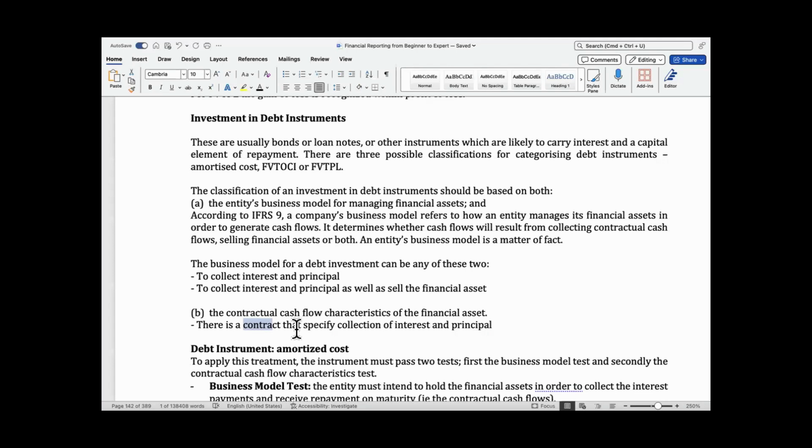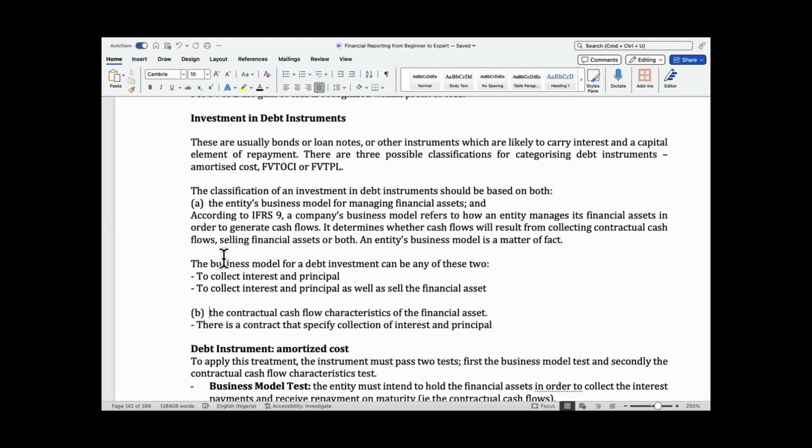We want to verify that. And the way to do that is for you to show us a contract. So this contractual cash flow characteristic is saying there has to be a contract that will show that. However, because this second basis is redundant, it's like a presumed basis. It's always there. There is no way you could have a debt instrument without a contract.